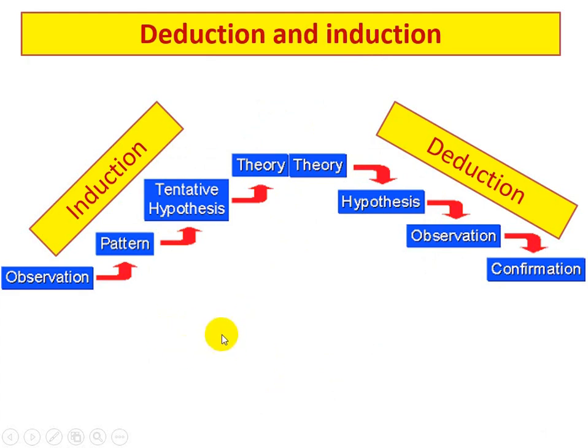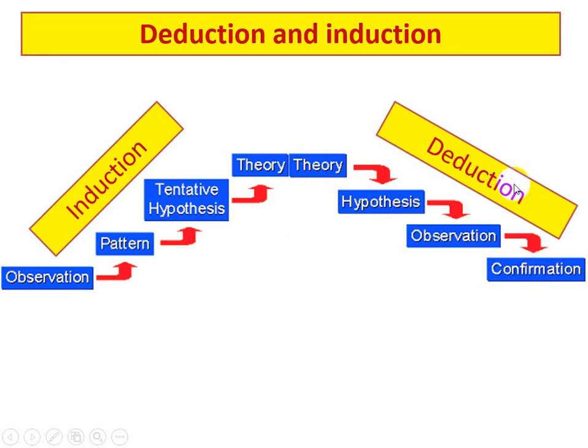In the case of deduction, we start with the theory, the law, or the general principle to have a hypothesis, observation, then to confirm here. So we are moving from the whole or the general principles to the confirmation in the case of the specific things.